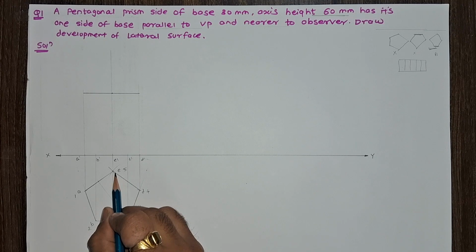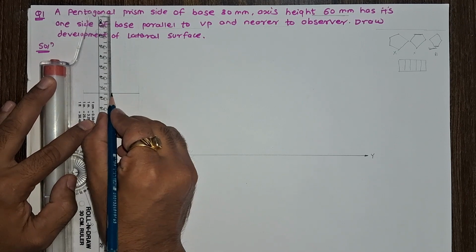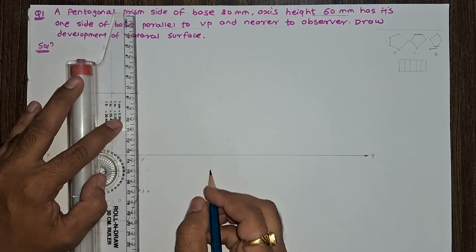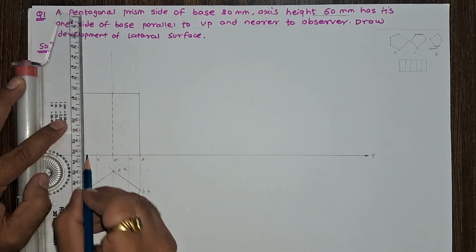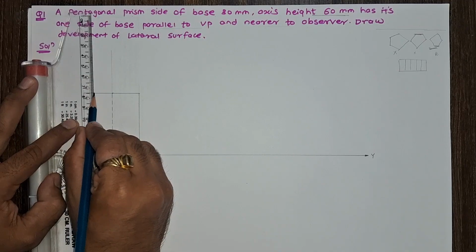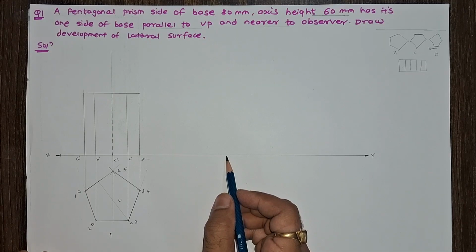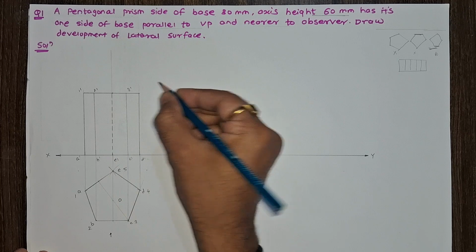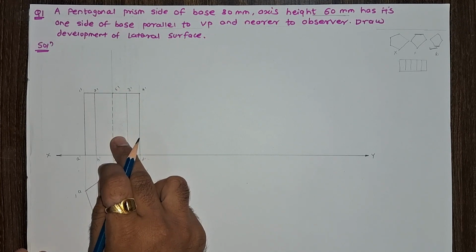But this E5H is not visible from the front side. So by using hidden line, show this edge. D4H is visible from the front side as well as A1H. B2H and C3H are also visible. This is the front view of this pentagonal prism. So this is 1 dash, 2 dash, 3 dash, 4 dash and 5 dash. This is the top view and this is the front view of this pentagonal prism.